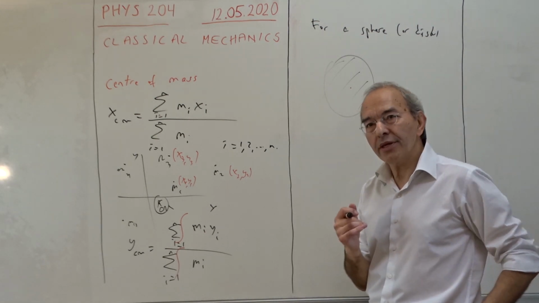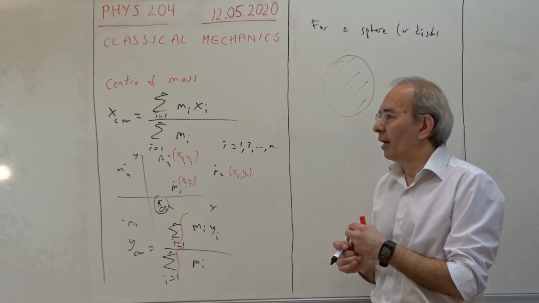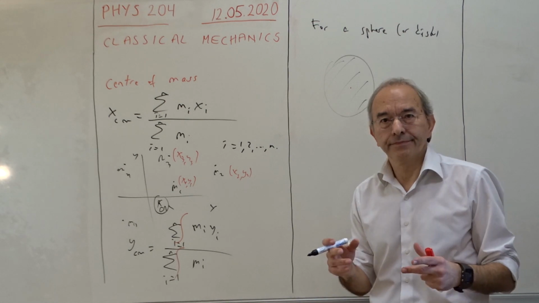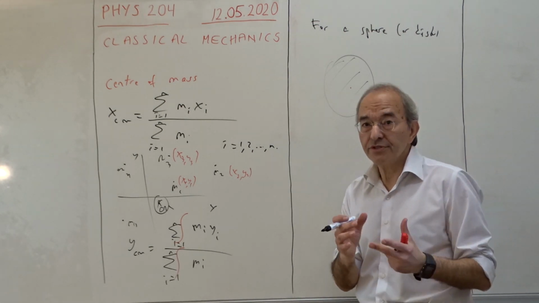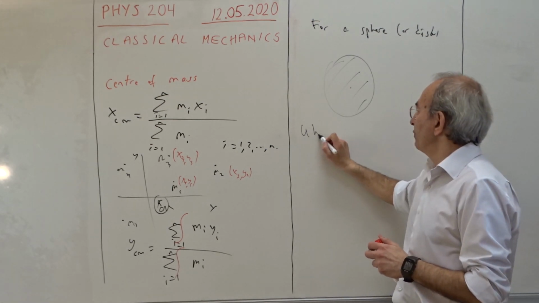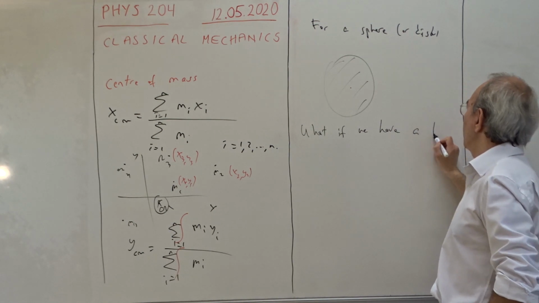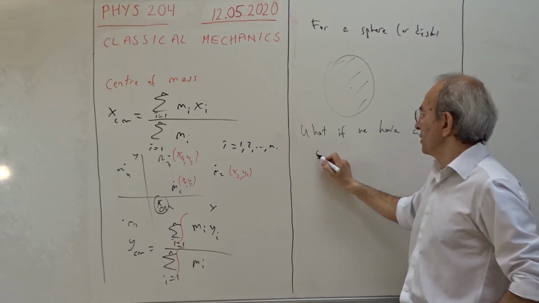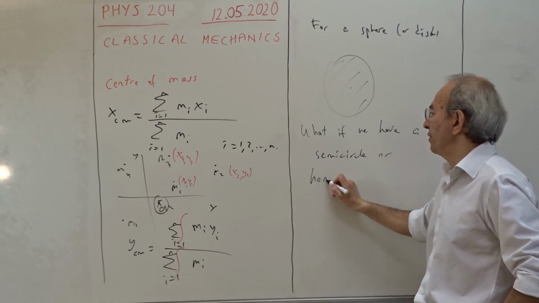But if you have something not so symmetric, for example, a semicircle, as we will calculate, half of a disk, or a hemisphere. What if we have a semicircle or hemisphere?